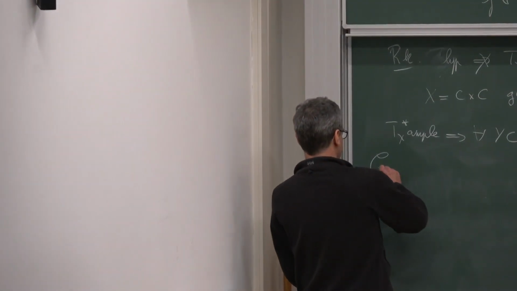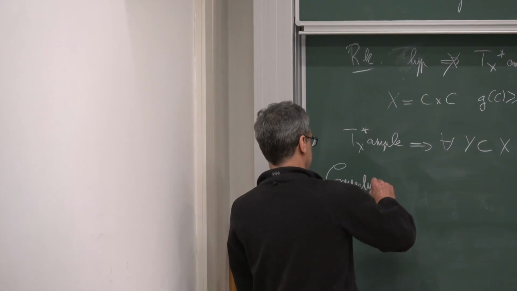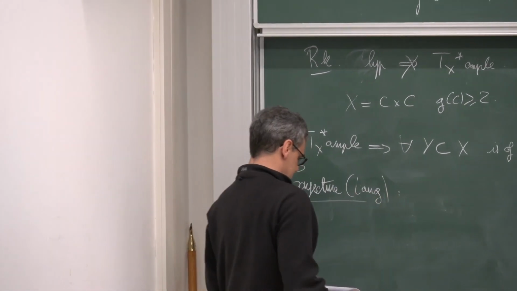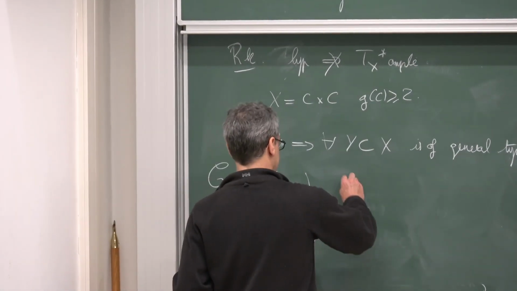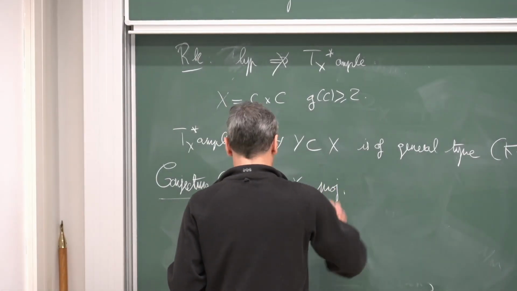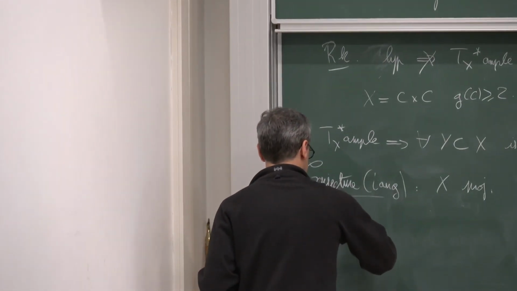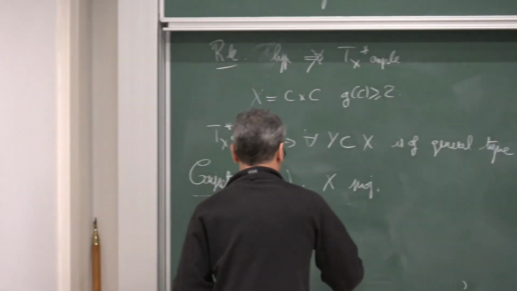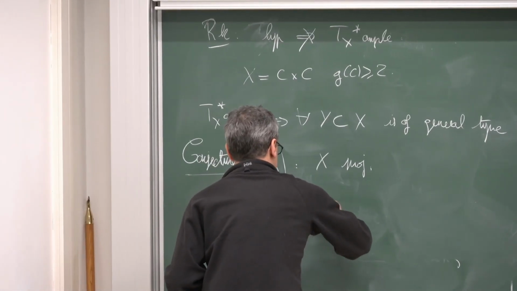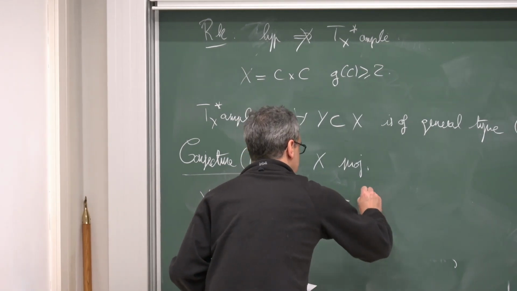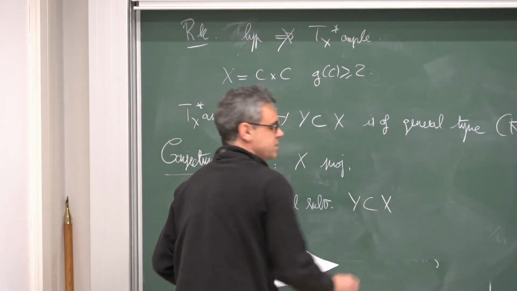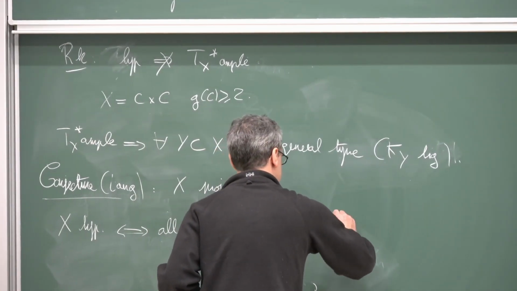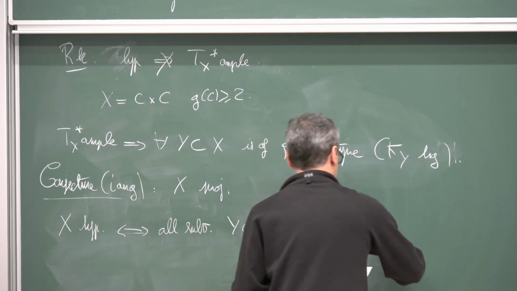First, big conjecture: you take X projective, X is hyperbolic if and only if all subvarieties Y in X, of course including X itself, are of general type.